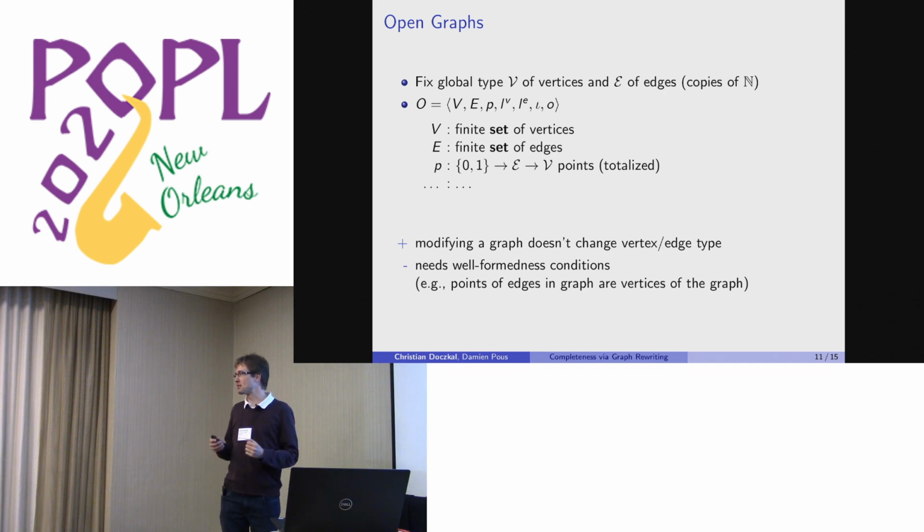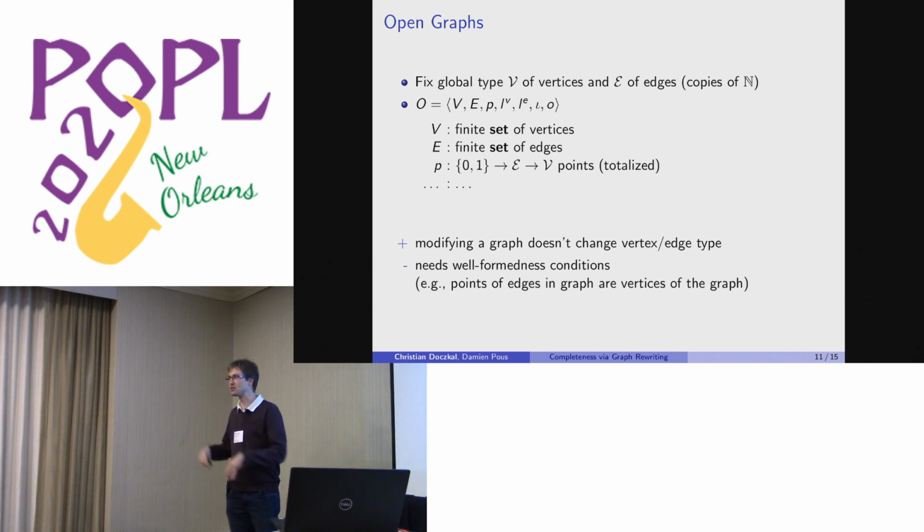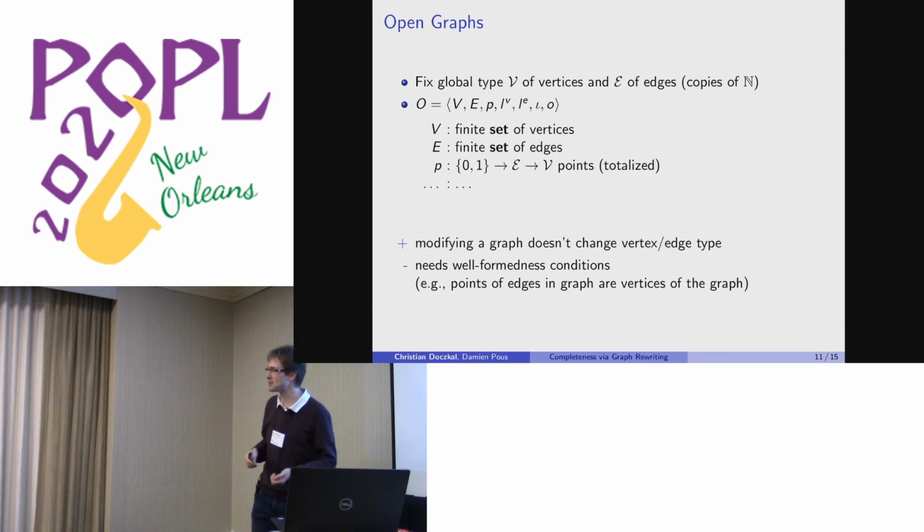There, instead of using finite types of vertices, we fix an a priori type of vertices and a type of edges, which are just copies of the natural numbers. And then a graph has a finite set of vertices, finite sets as provided by MathComp again, over the a priori existing type of vertices.